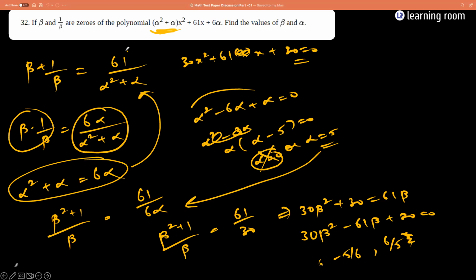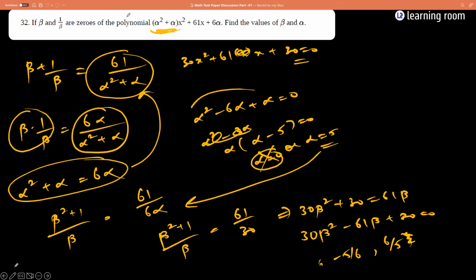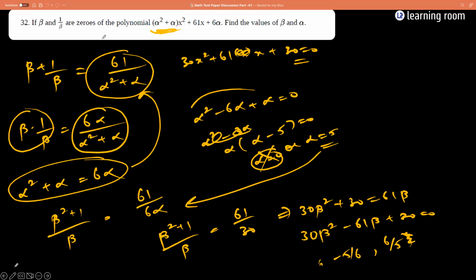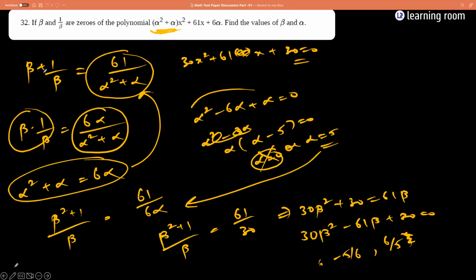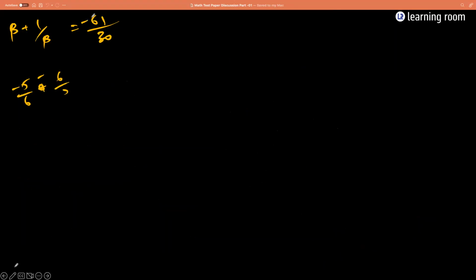See, beta plus 1 by beta is 61 divided by alpha square plus alpha. Is it 61 by 30? Yes, sir. Now, if I take beta as minus 5 by 6, sir, shouldn't it be minus 61? Yeah, it is minus 61 by 30.